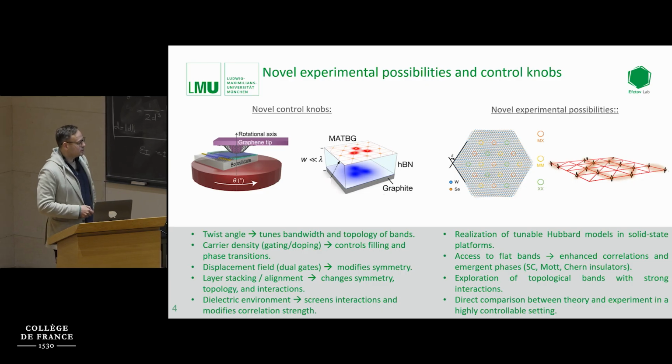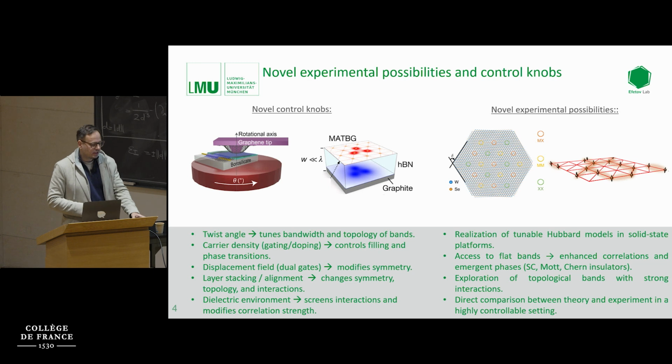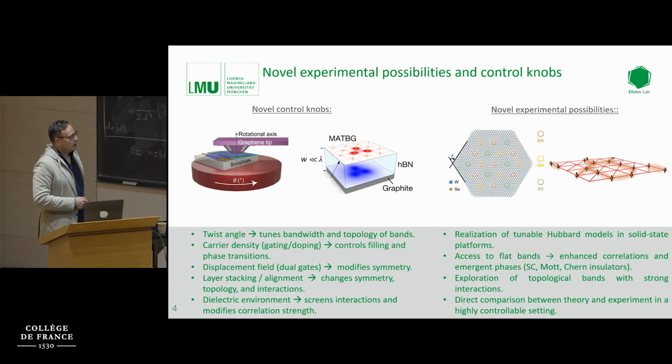We can also put them in different dielectric environments. Because they're two-dimensional, these dielectric environments can affect the electron-electron interactions quite dramatically. The abundance of different materials to play with gives us novel experimental possibilities, such as, for example, in TMDs, where one can realize tunable Hubbard models in solid-state platforms.